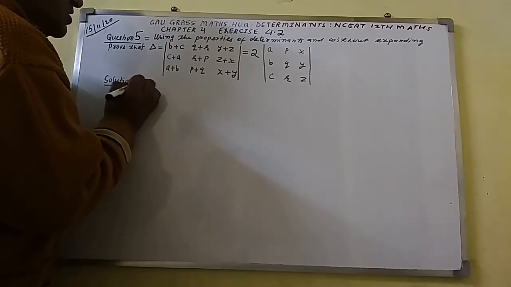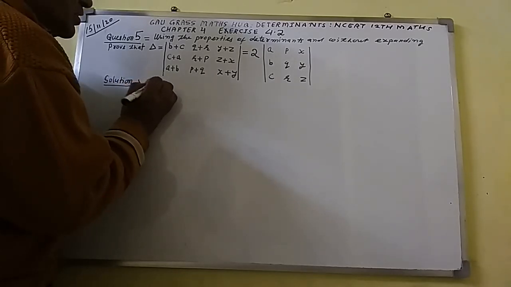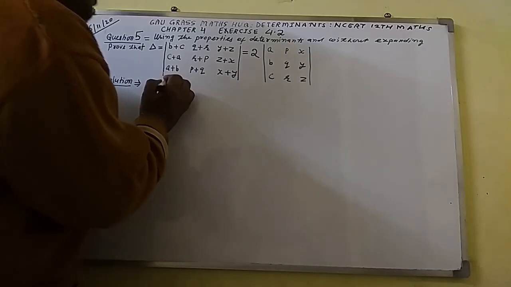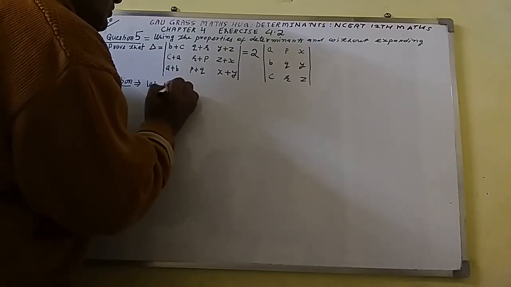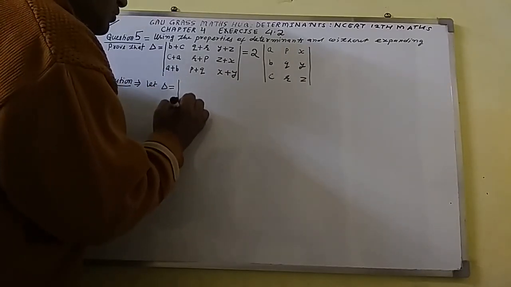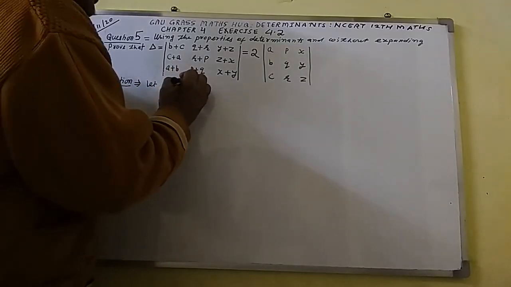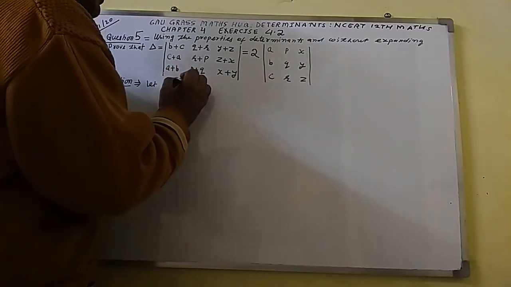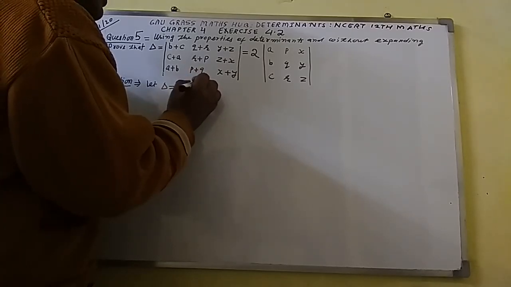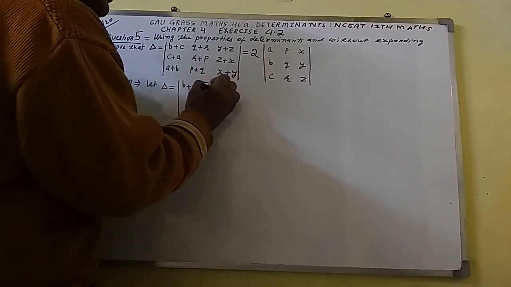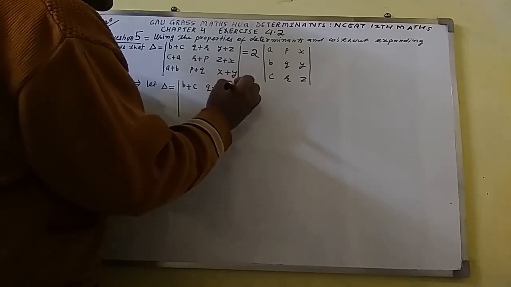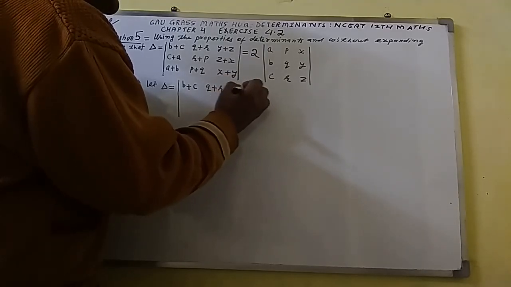Solution implies that, let delta equal to the determinant. The elements of first row b plus c, q plus r, y plus z.